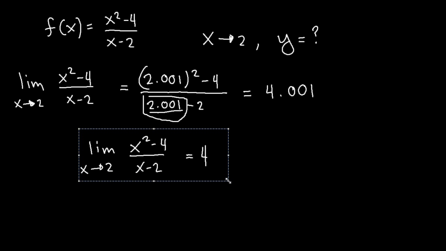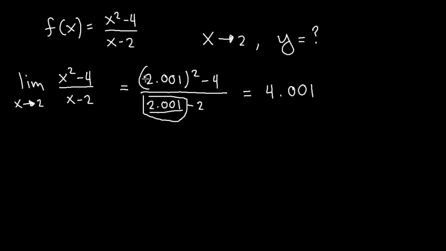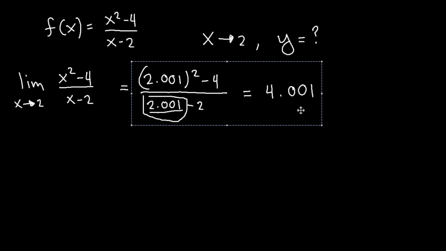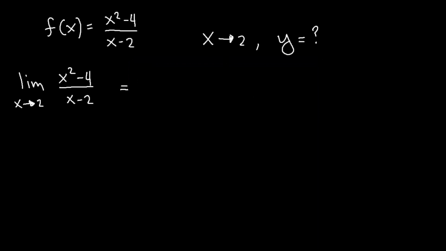So the next method to get the limit is the easiest way to identify the actual value of the limit, because you no longer need to approximate values.